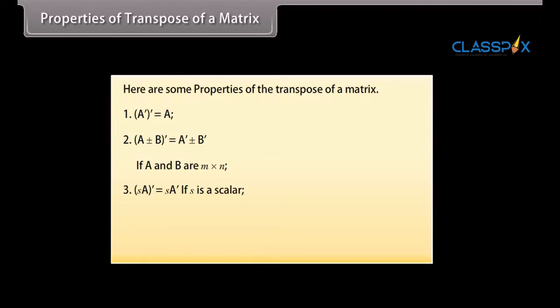Third, transpose of S into matrix A is equal to S into transpose of A if S is a scalar. Fourth, transpose of AB is equal to transpose of B into transpose of A if A is m by n and B is n by p.